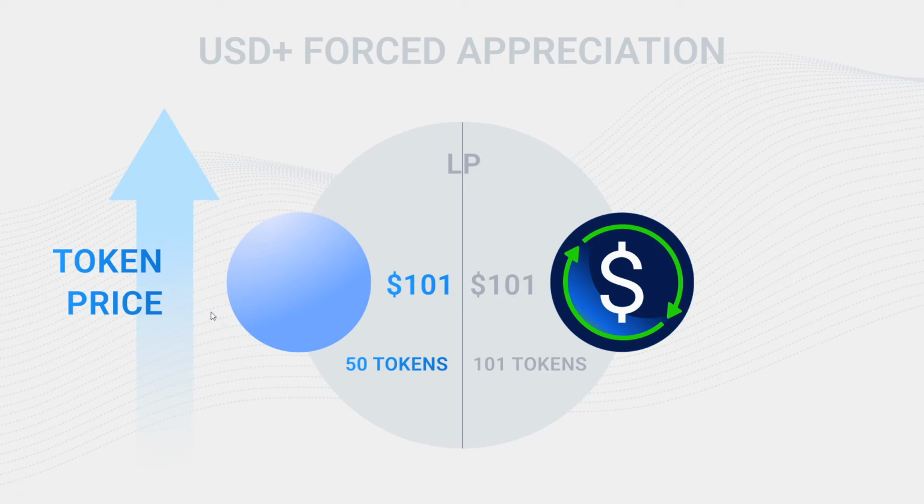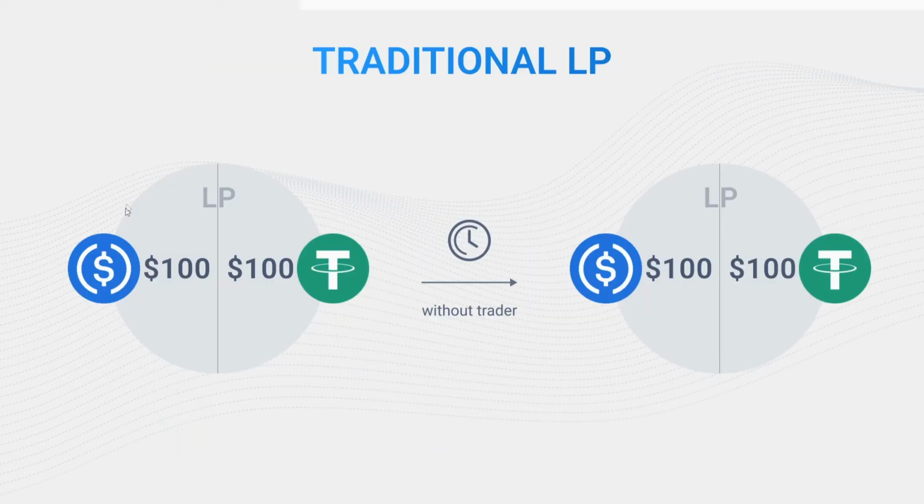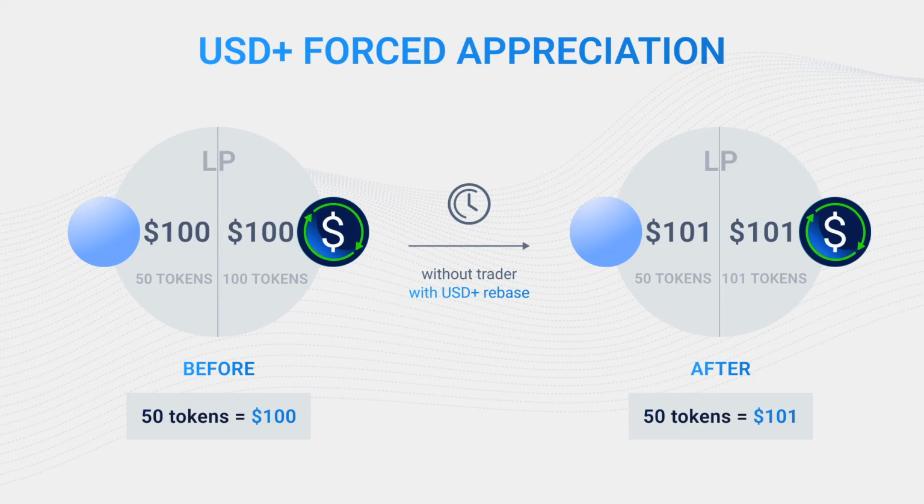Your token price is going up inside of that liquidity pool, and we have forced appreciation, rather than your traditional liquidity pool that doesn't do anything other than wait for it to be used by traders to either buy or sell a crypto. The final result of this is that your 50 tokens are now appreciating in price, meaning that they are now worth $101 as opposed to $100, and that is due to the USD Plus rebase and the forced appreciation within that liquidity pool.